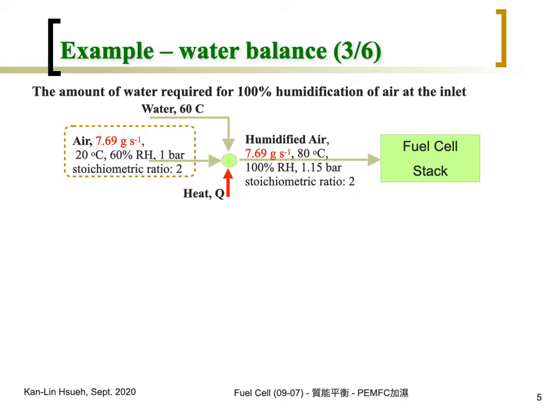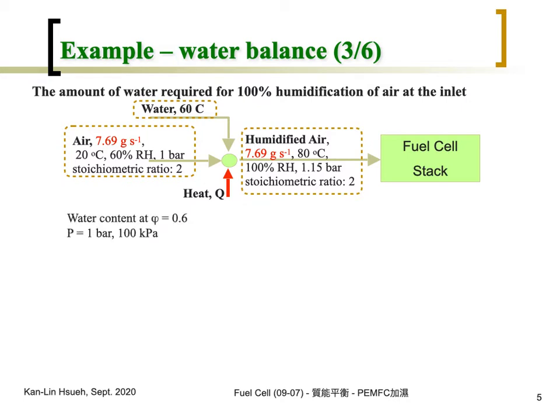So we have to calculate the amount of water in the input dry air stream, and the water content in the humidified air. Then the difference between these two will be the water required to be added. So first we look at the input dry air.